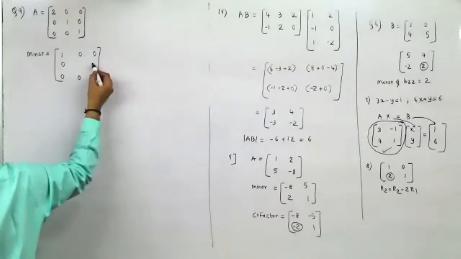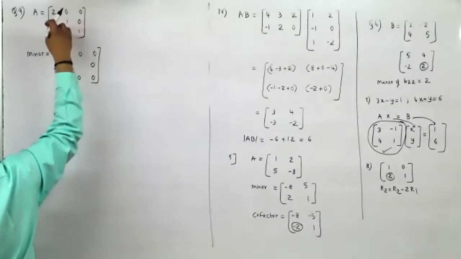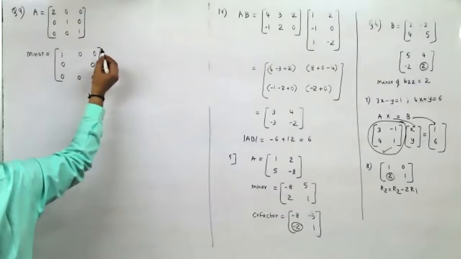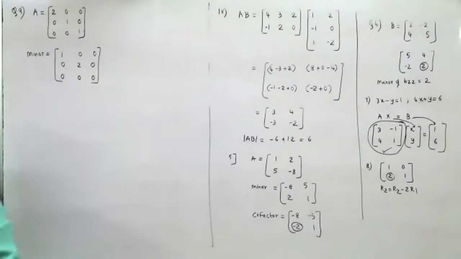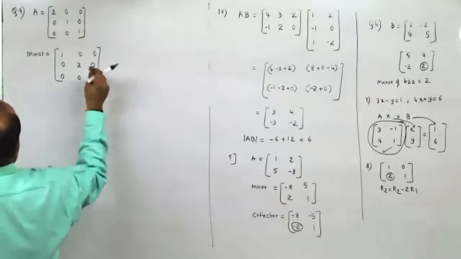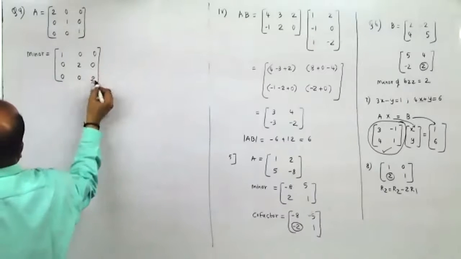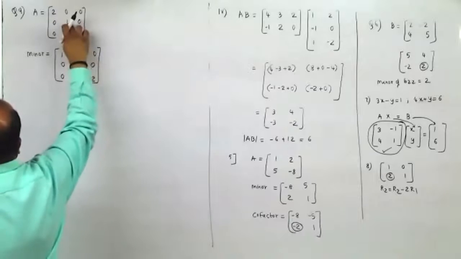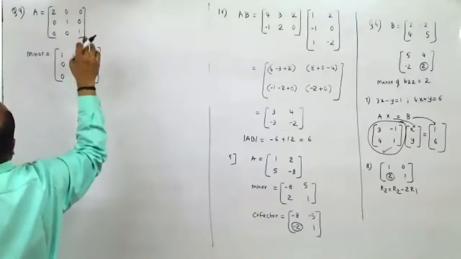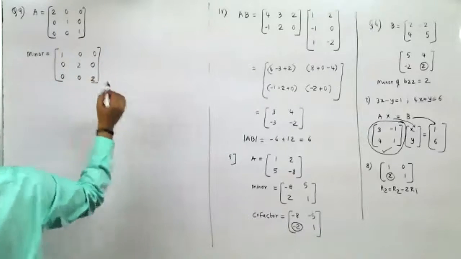Then this is 0, so this would be 0 minus 0. This is 1, so this would be, I think, 2, and this is 1. When I cover this, that would also be 2, right?